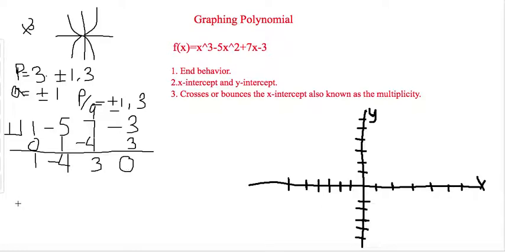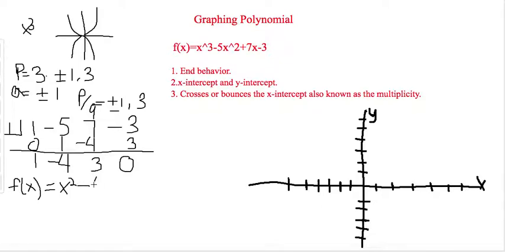So our new equation is f of x. These are coefficients, and our degree is always 1 less from the original. So instead of cubed, it's going to be x squared, 1x squared, and then you just keep going down 1 degree.